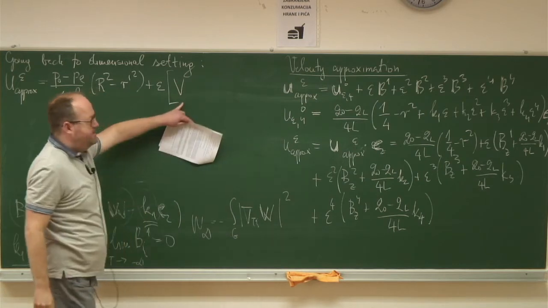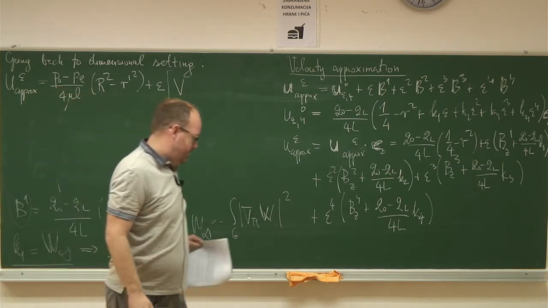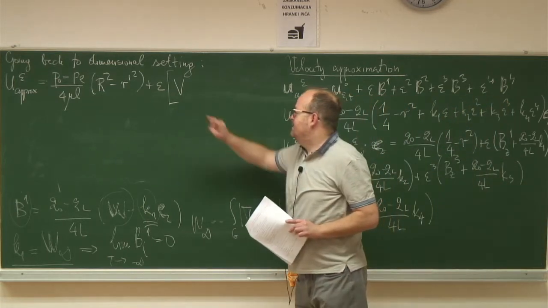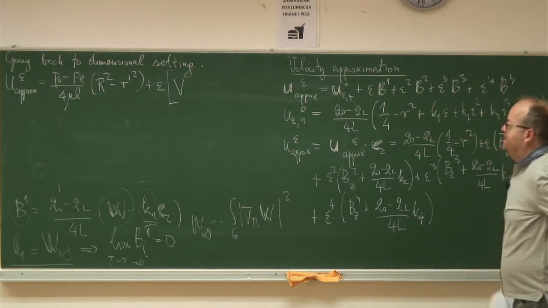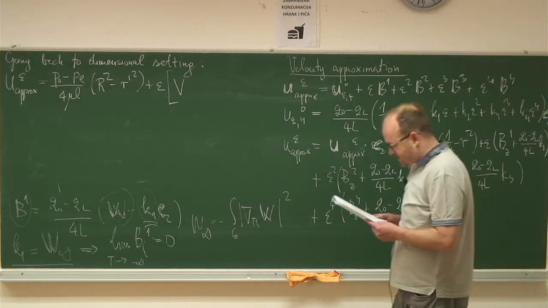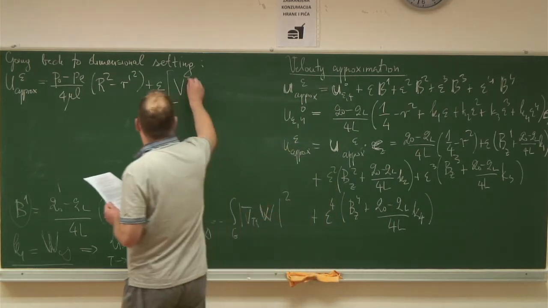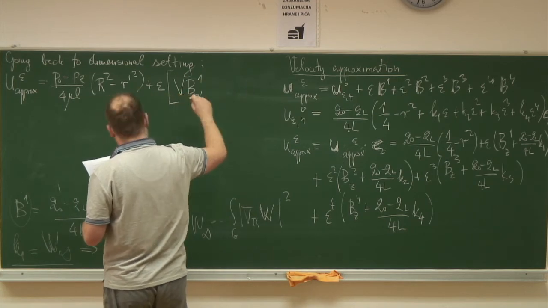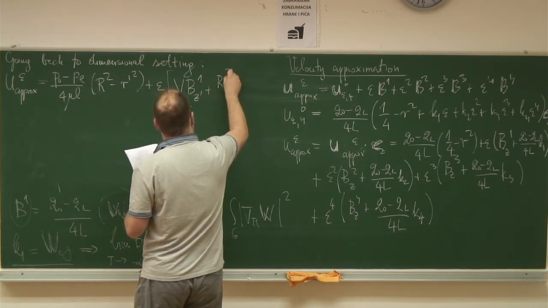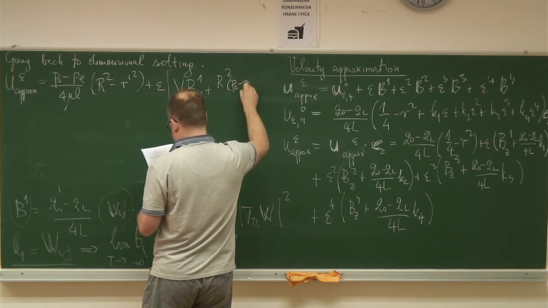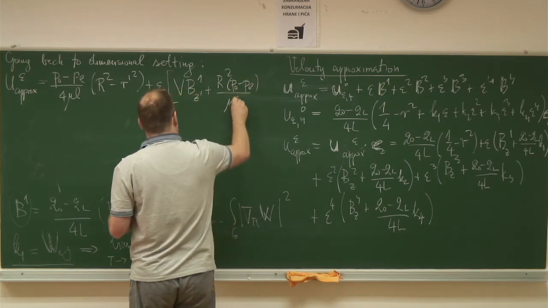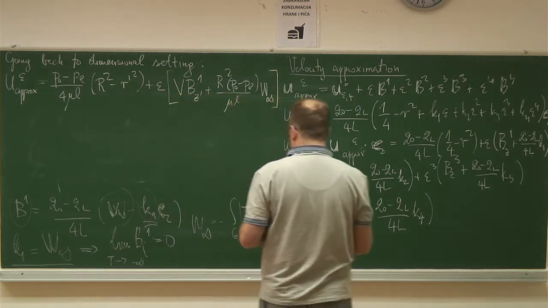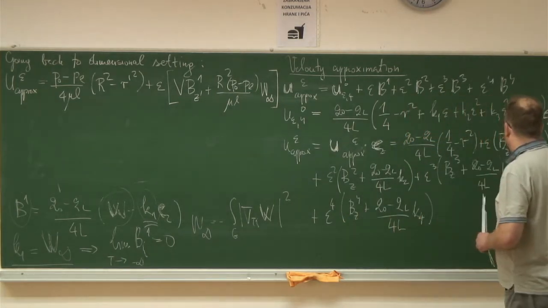This was the mean velocity, if you recall, obtained. This was the characteristic velocity taken to be the mean velocity of the standard Hagen-Poisson velocity. Okay, now see here, this is K1, so this is this term here.